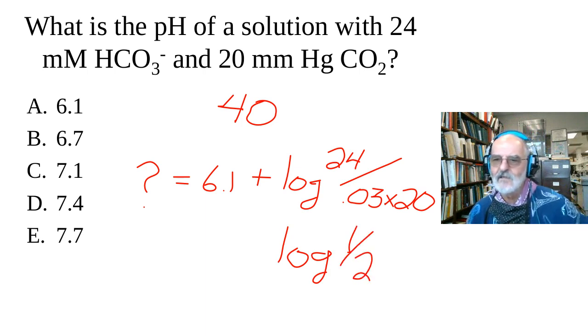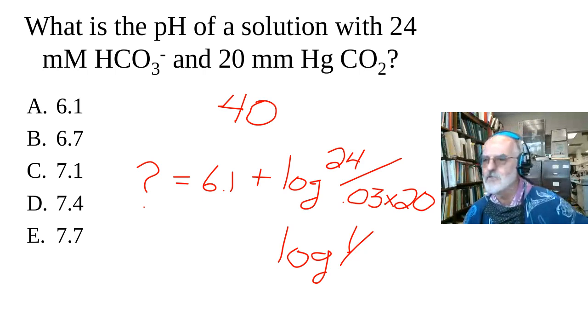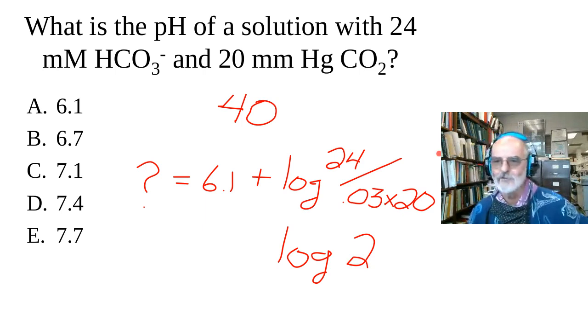The log of a half is minus, am I doing this right? 24 over 20. So this ratio actually goes up by a factor of 2. So I'm actually doing this wrong. Look at that. It does go up by a factor of 2, because we're dividing by 2, so you're multiplying by 2. So the log of 2 is 0.3, 0.3 plus 7.4 is 7.7. Or you can plug all these numbers in and you'll get 7.7.